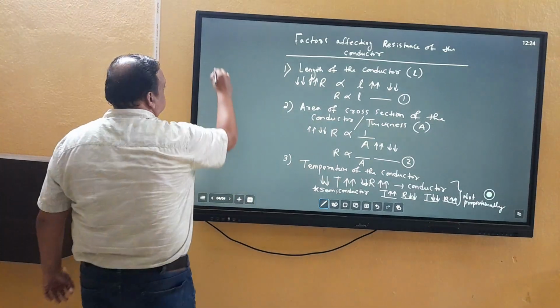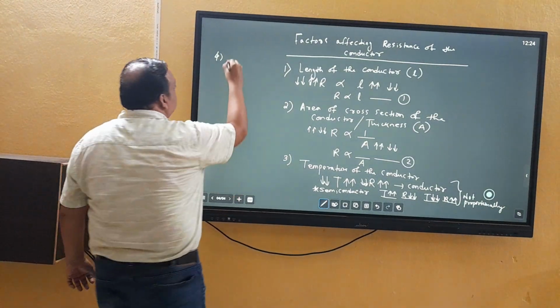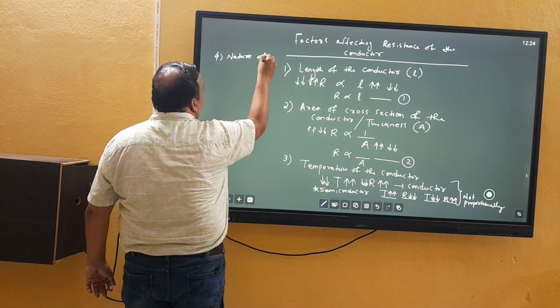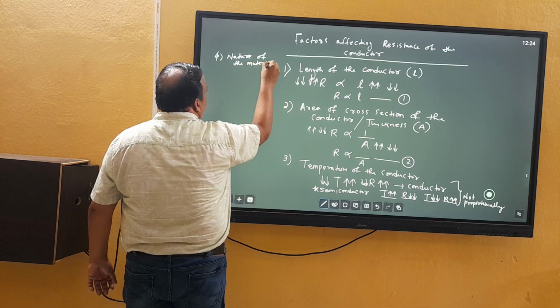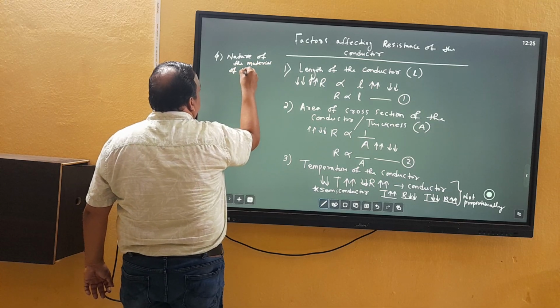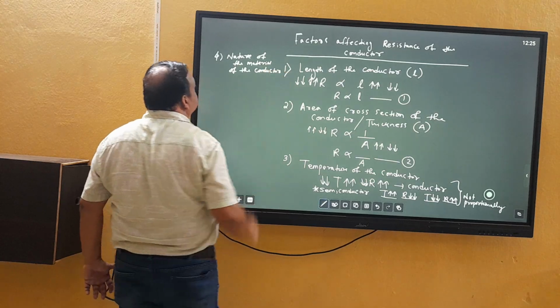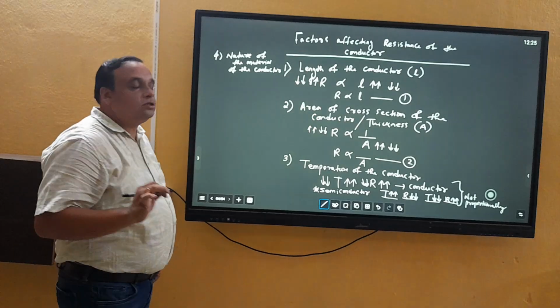Number 4. The fourth factor is nature of the material of the conductor. We know that if the conductor is a good conductor, of course low resistance.